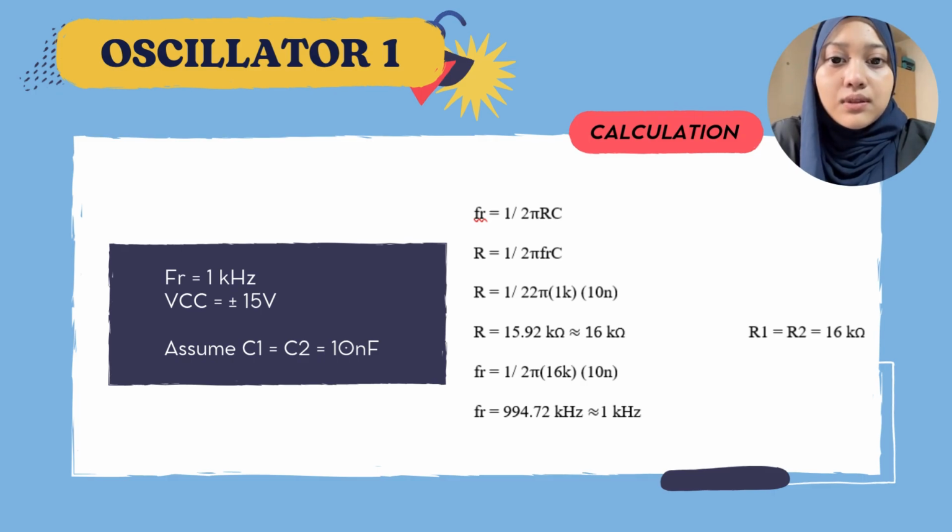Then we substitute this value back into the formula, F equal to 1 over 2 pi multiplied by 16k and multiplied by 10 nanofarad. And we got a frequency of 994.72 Hz, which is very close to the target 1 kHz. This confirms that our component selection is suitable for the design.